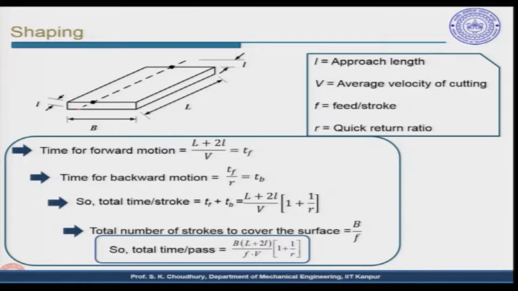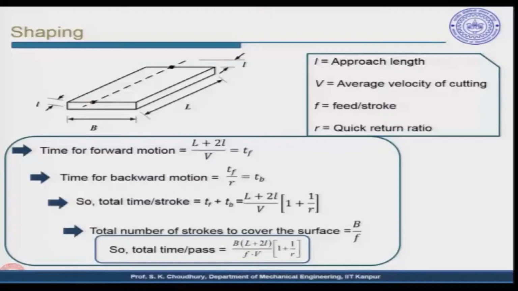In case of shaping, unlike in case of turning, the tool moves very rapidly up to the point where it gets in contact with the workpiece. Then the speed of the tool slows down, and then from here it again goes with the same speed as it was approaching initially, because when it is approaching it is not cutting the material. So, you understand that the speed could be higher.